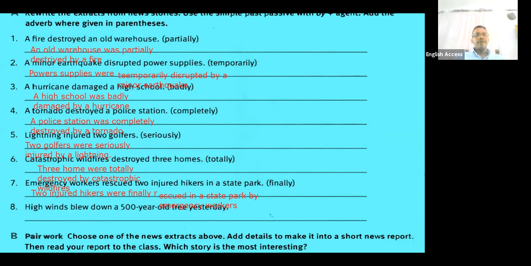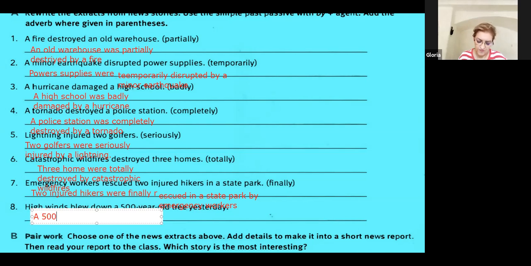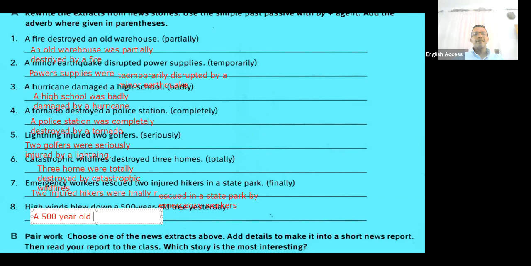It's the 500 year. Okay, teacher. Tree was. What is the past participle of blow down?